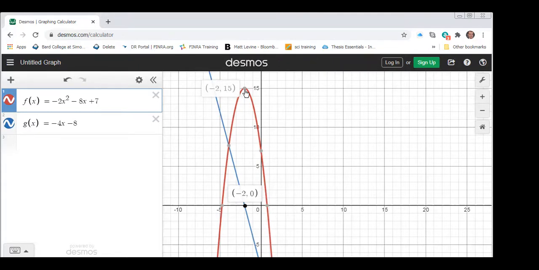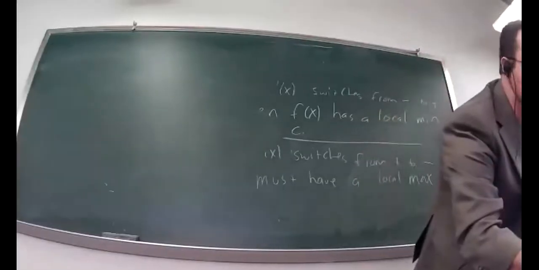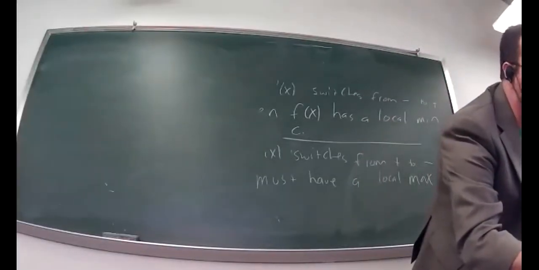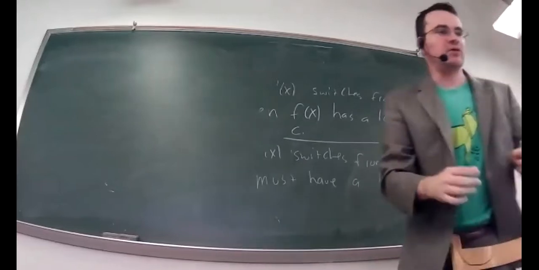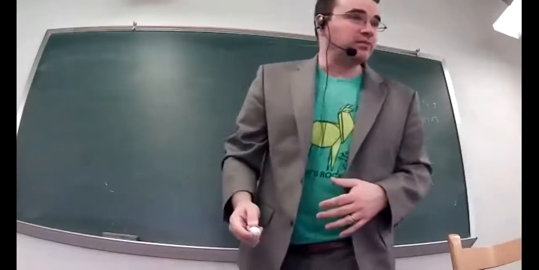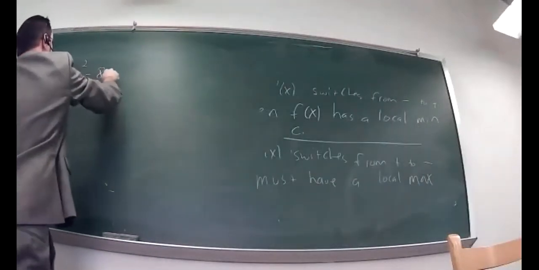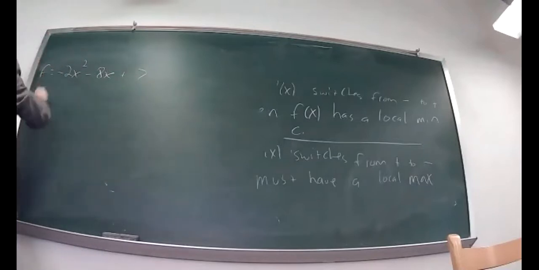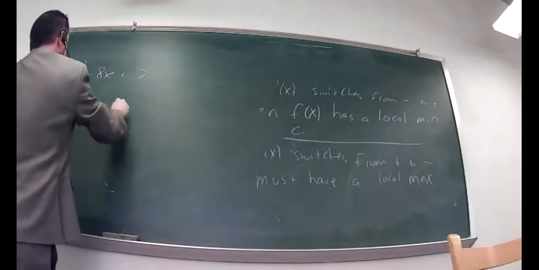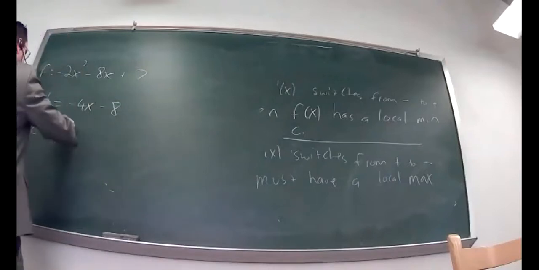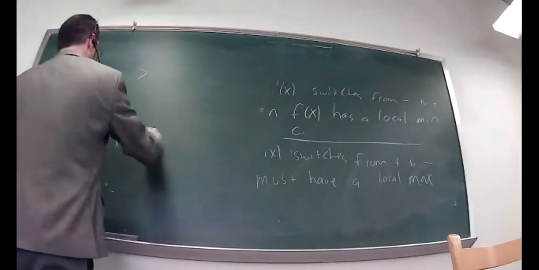And of course you can see it's a maximum right there on the graph, but this is more useful when you're not already looking at the graph. The way you would set this up on your homework or something is you're given minus 2x squared minus 8x plus 7. You take that derivative, it's equal to minus 4x minus 8. So your c is negative 2, f prime of c equals 0.